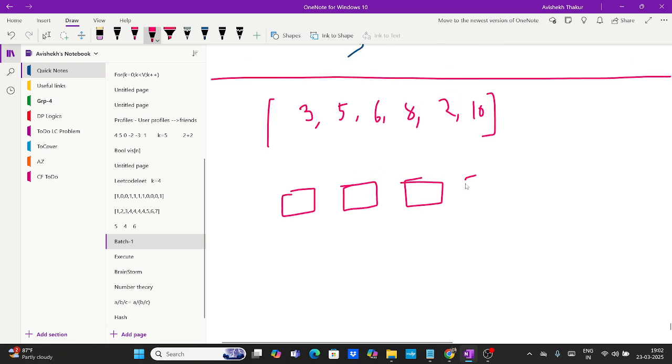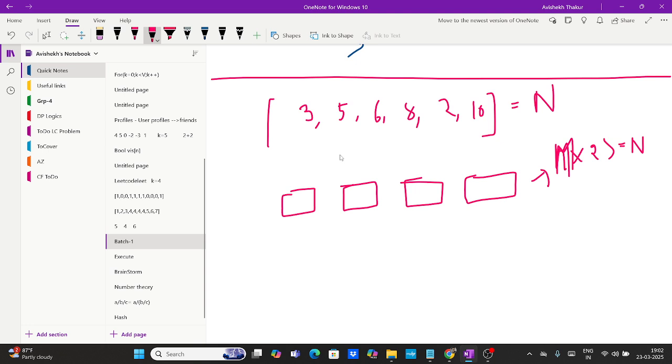Let's say there are m slots. M into 2 will always be greater than or equal to n. N is the length of this array. So you will be given an array of length n, and a number of slots, and the number of slots into 2 will always be greater than or equal to n.